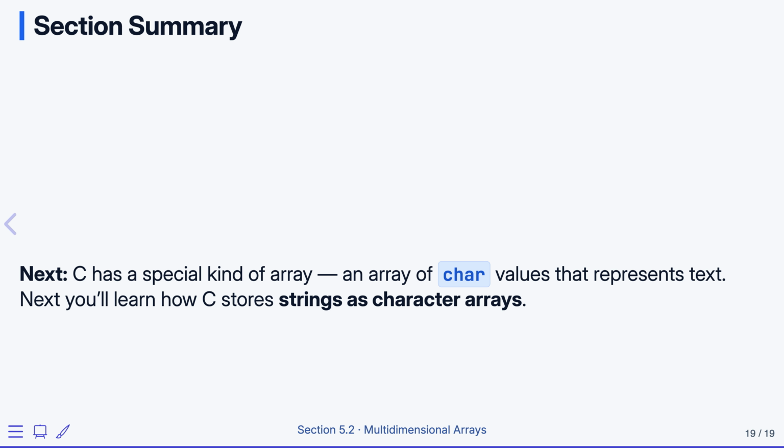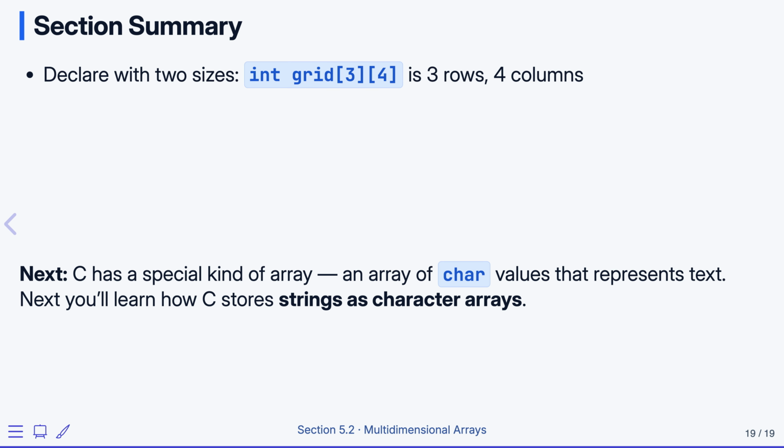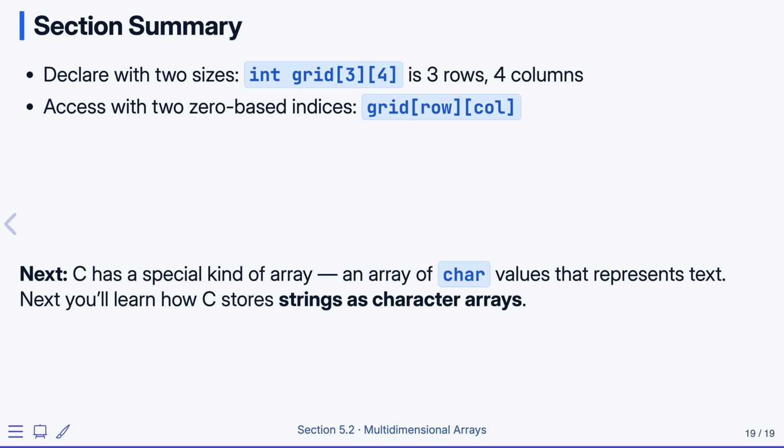Let's recap. A two-dimensional array is declared with 2 sizes in brackets. int grid[3][4] is 3 rows and 4 columns. You access elements with 2 zero-based indices, grid[row][col], where the first index is the row and the second is the column.